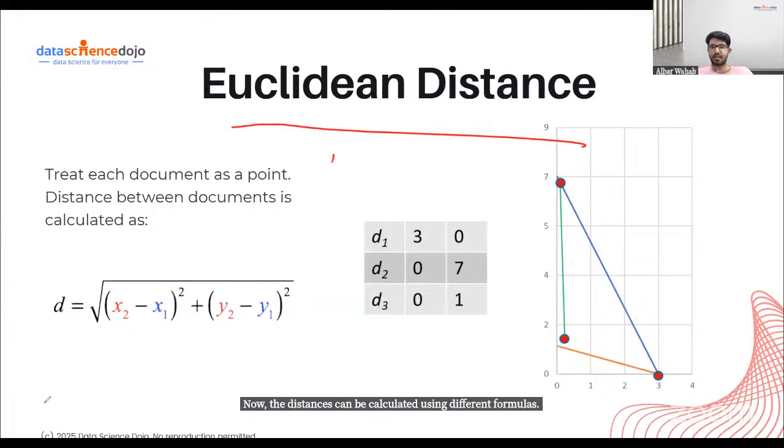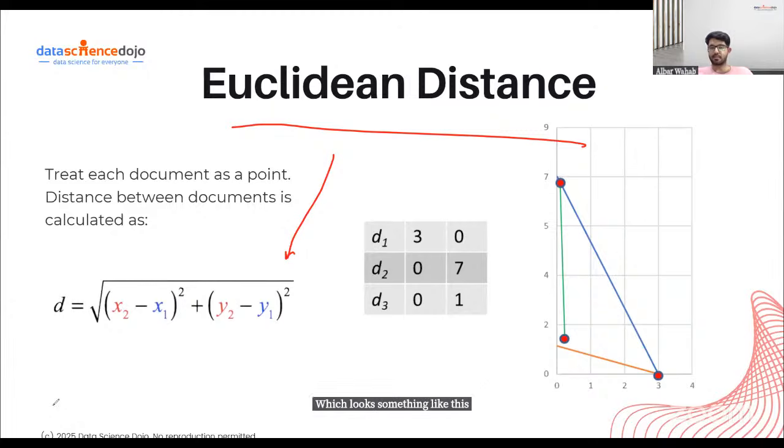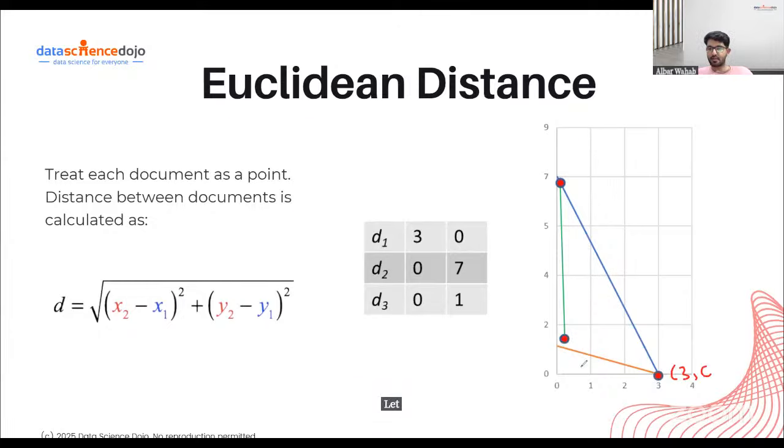One of them is Euclidean distance, which looks something like this: x2 minus x1, plus y2 minus y1, which basically means we subtract their x values, and then we subtract the y values. So as an example, let's just do one quickly. Let's say that we have this point 3, 0, and we have this point 0, 1.